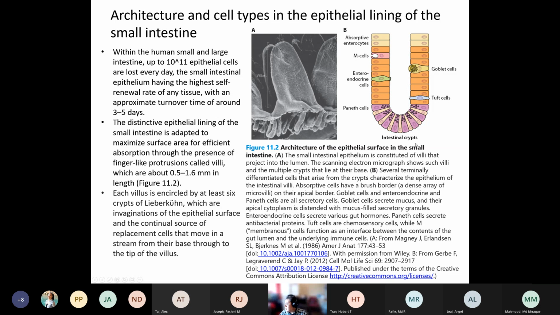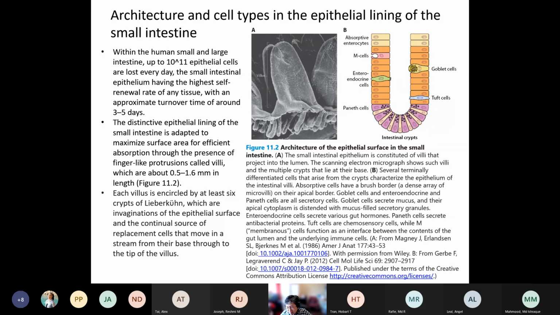Okay, so I'm going to describe the structure of the crypt a little bit. In the next slide, we can describe what cells are the stem cells. So here we have the enterocyte that's absorptive. They are going to pick nutrients out of the lumen, right? And then you have this orange colored cell, which is the progenitor cells. Those cells are also called transient amplifying cells.